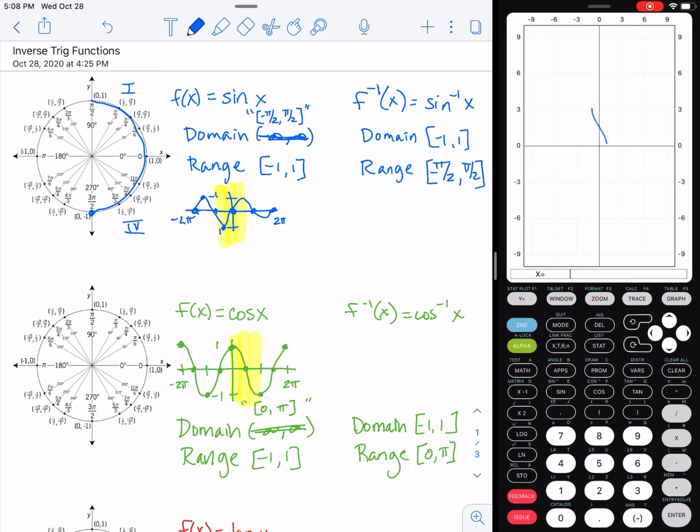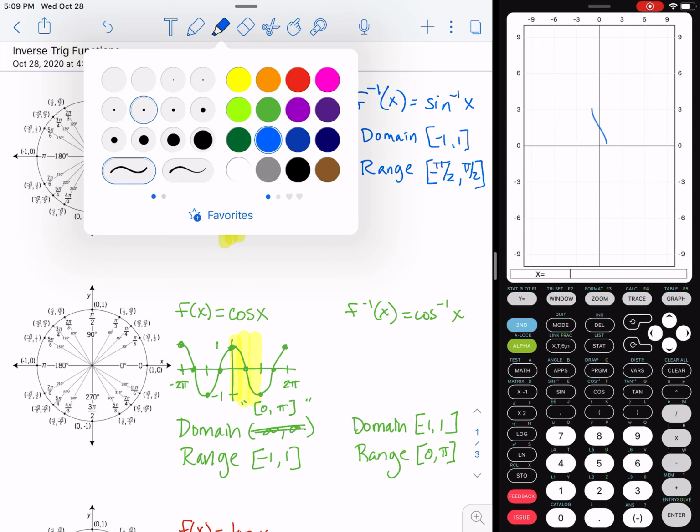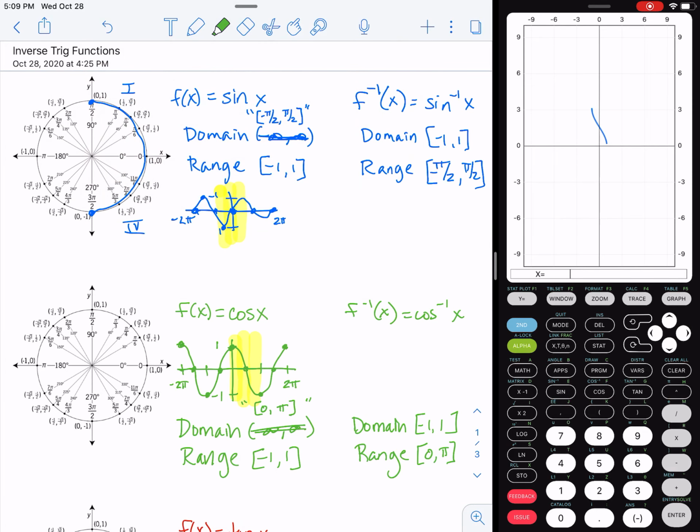And notice that for sine, the domain goes from -1 to 1, all right, and then the range is going to be -pi/2 to pi/2. So we're restricted to quadrants 1 and 4 when we're dealing with the inverse sine. So inverse cosine, well, what is that restricted to?